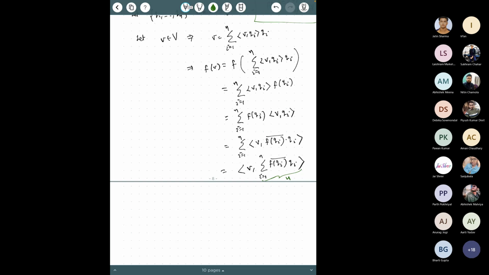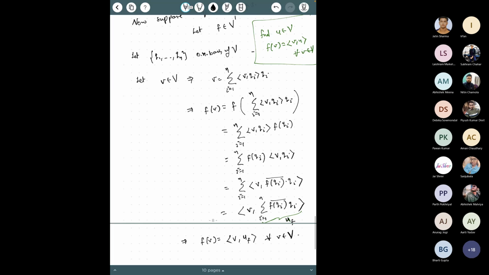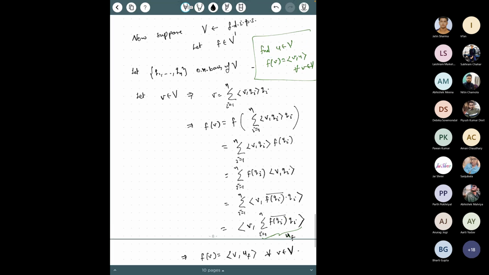So if I call this vector u, then I can write f of v as the inner product of v with u. Or maybe I can call this u subscript f, just to say that it depends on f. So we can write f of v as the inner product of v with u subscript f. This answers our question for finite dimensional inner product spaces.